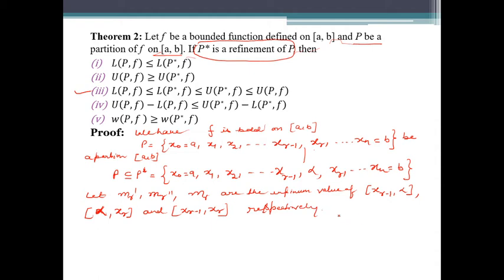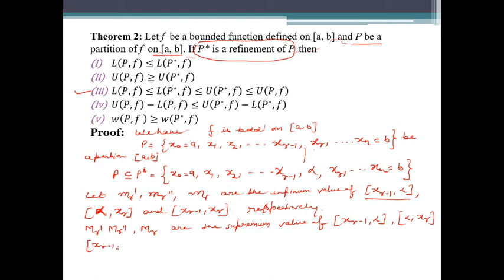Right? And similarly we suppose that capital M r dash, capital M r double dash, and capital M r are the supremum values of f in the subintervals x r minus 1 to alpha, alpha to x r, and x r minus 1 to x r.